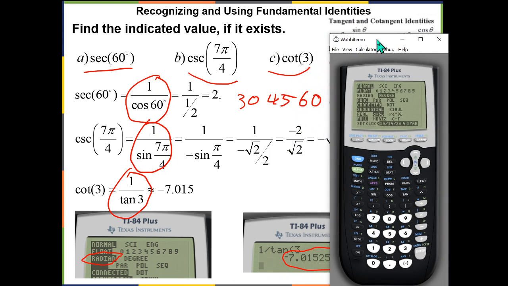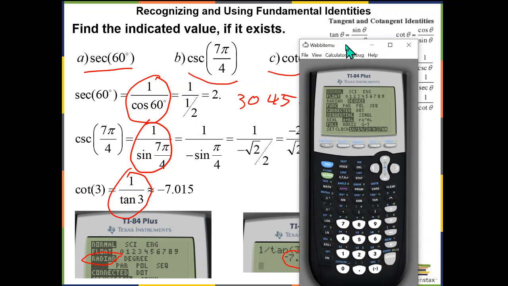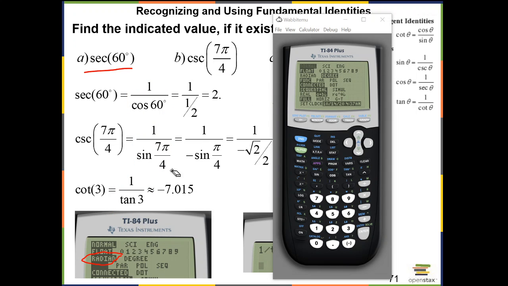And you do it. So some of these you can do in your head because you know 60 and 30 and all that, and you know reference angle, right? But some of them you have to use a calculator because you don't know what they are. Like tangent 3, what's tangent 3? We don't know. So for that, we make sure we are in degree mode and we put 1 divided by tangent 3.